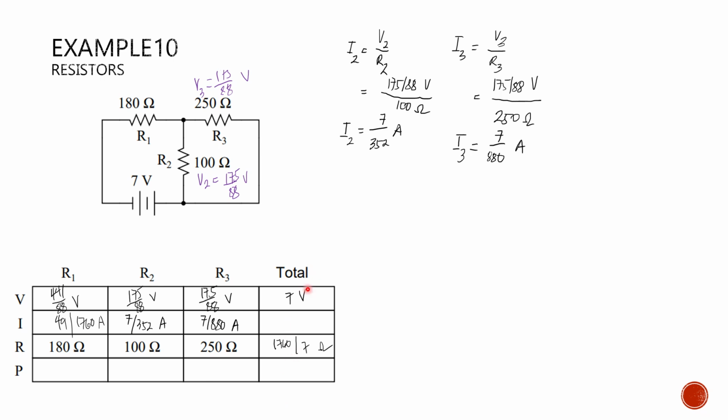So if we use Ohm's law to solve for the total I, it's 7 volts over 1760 over 7 ohms, leading to 49 over 1760 amperes. So it's the same value as the total I solved earlier from the previous slide.